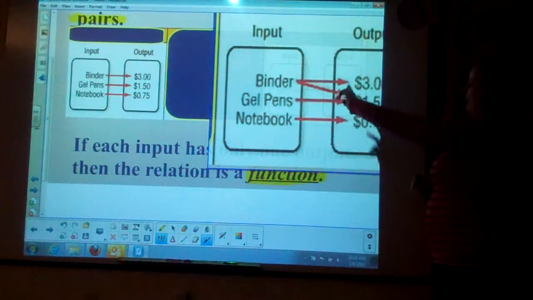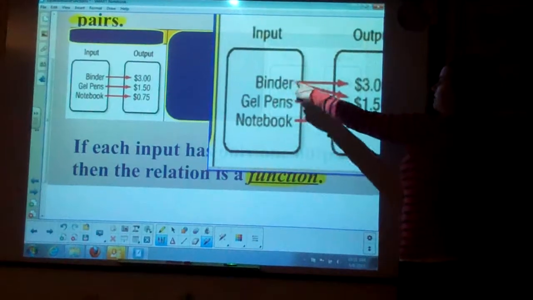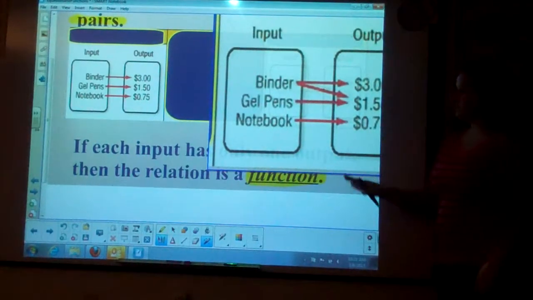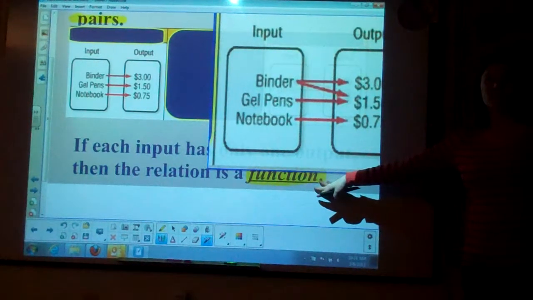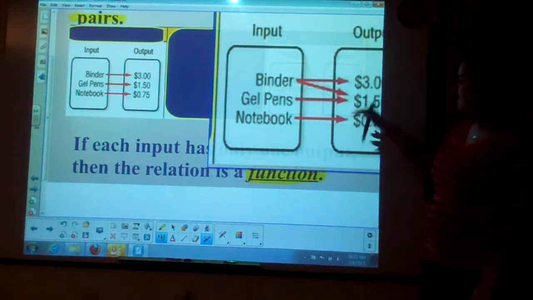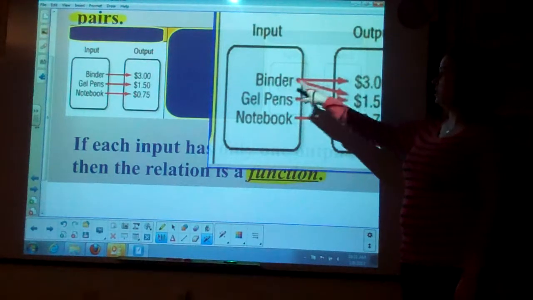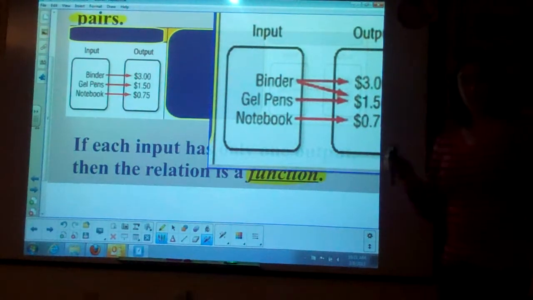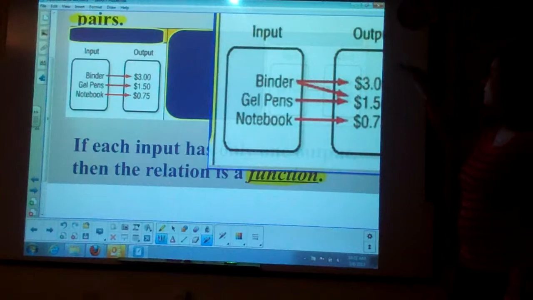No, because binder has two outputs. A binder is either $3 or $1.50. So would this be a function? No. This one wouldn't be a function because it has more than one output for the input of binder. Okay?